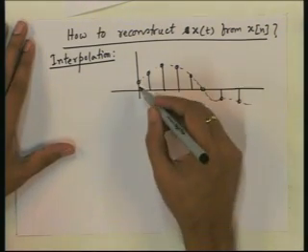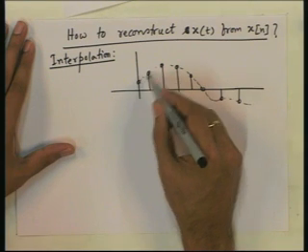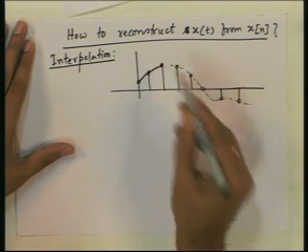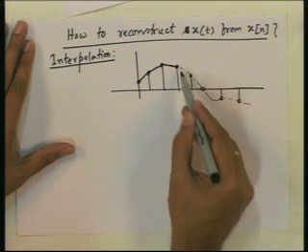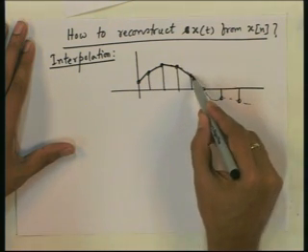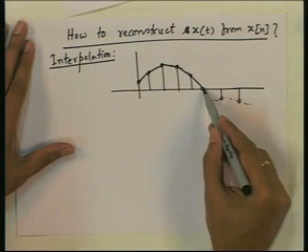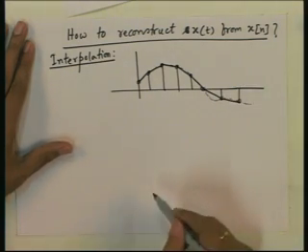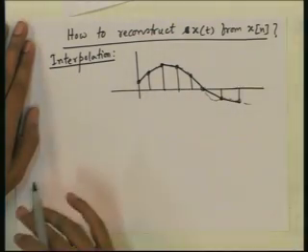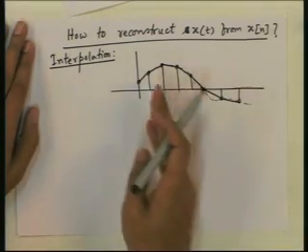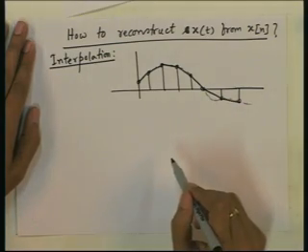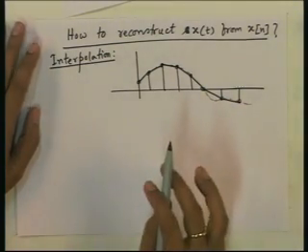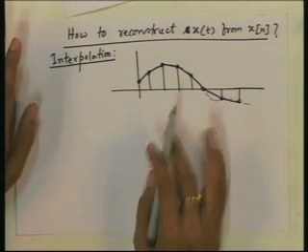So, one obvious way is to just join the values, that is join like this, join by straight line. We get some estimate of the intermediate values, and then to smoothen the signal we can pass it through a low pass filter, and that will be a reasonably good estimate of the original signal.